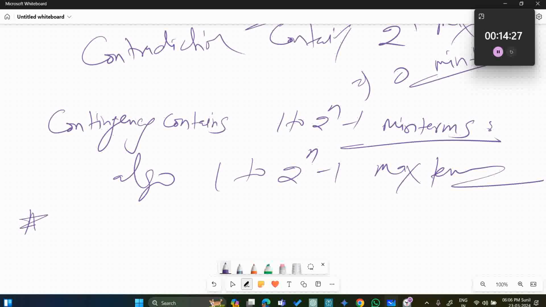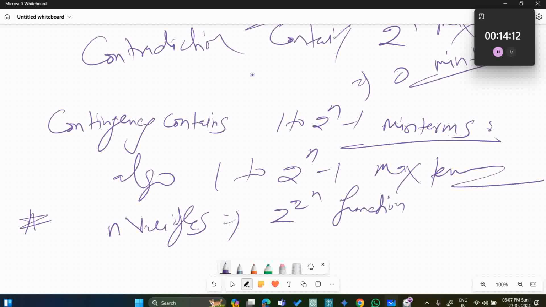So one more note: for n variables, there are 2 to the power 2^n functions, from which one is a tautology, right?